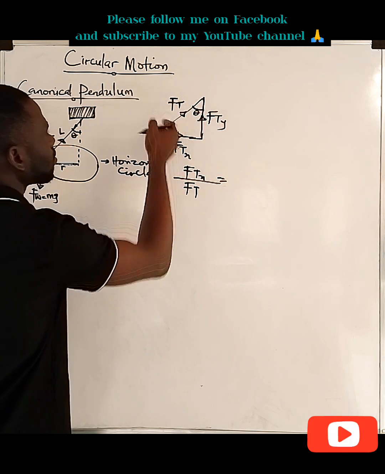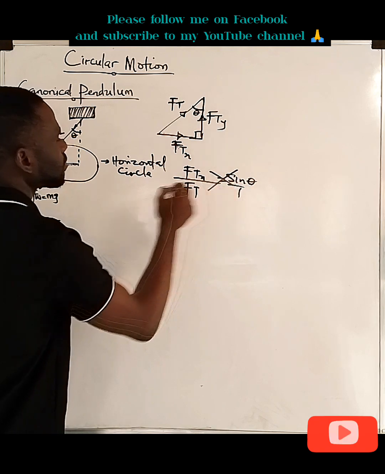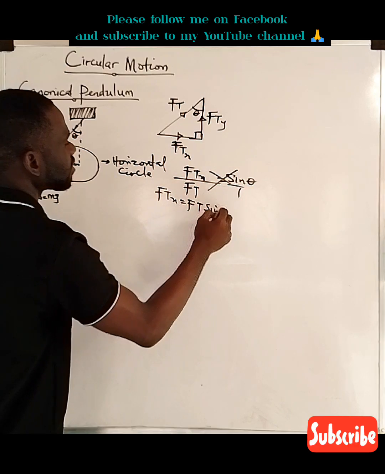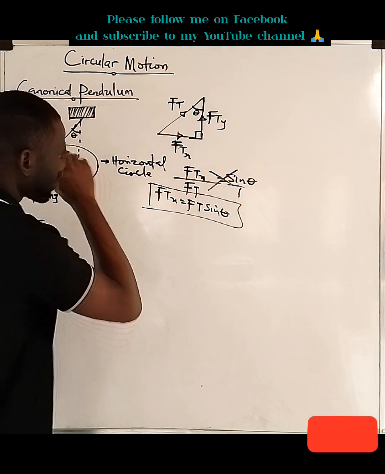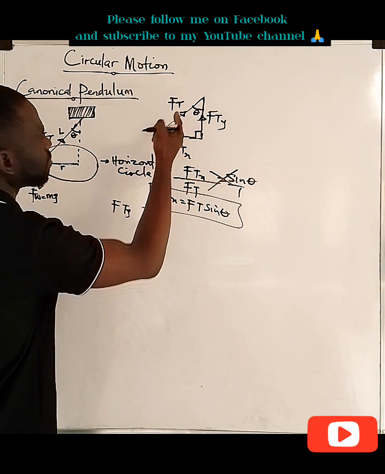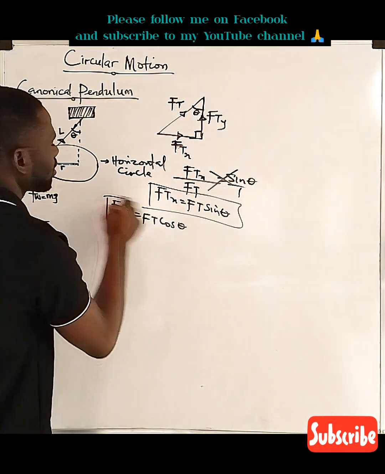Opposite over hypotenuse is sine, that's sine theta. So we have Ftx equals tension sine theta. Next, Fty is adjacent over hypotenuse, which will be tension cos theta, according to SOHCAHTOA.